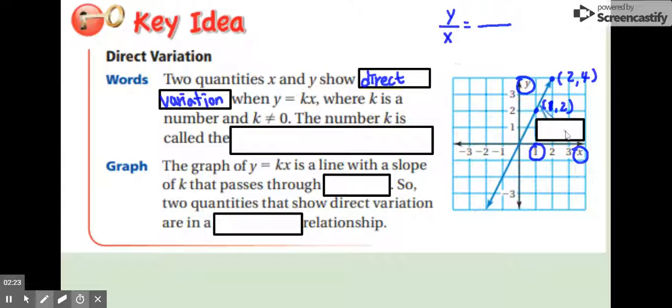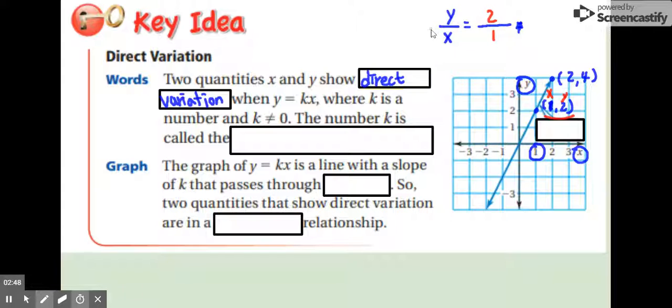So y to x, the first one, 1 to 2. So this is x and this is y. So I'm going to put 2 over 1. You can also use the next point, but I'm going to just use this point. And everyone knows how to compare y and x, 2 to 1, right?